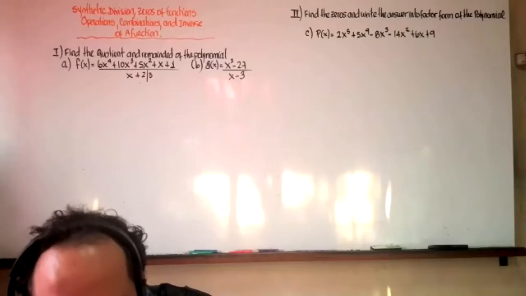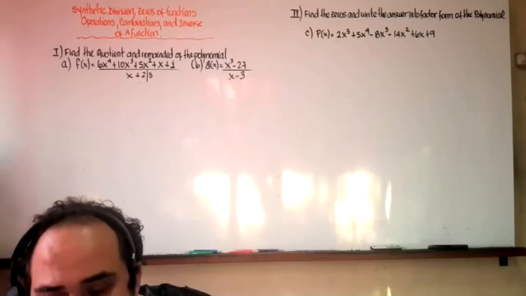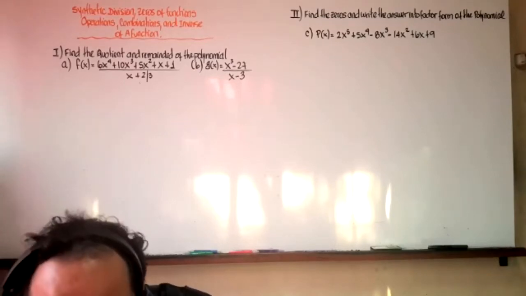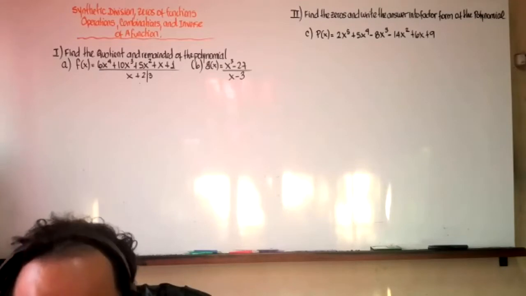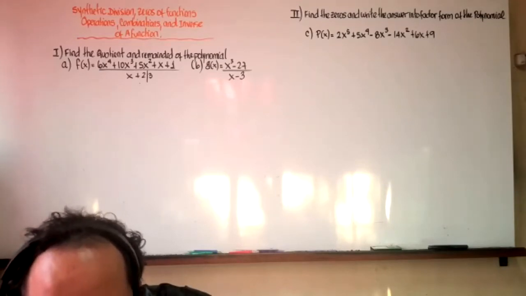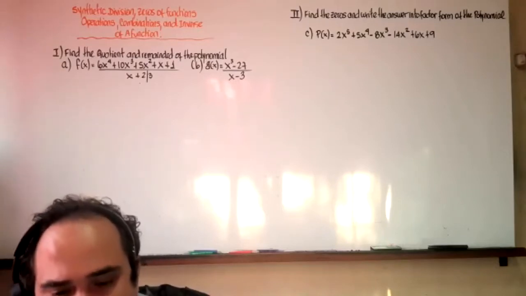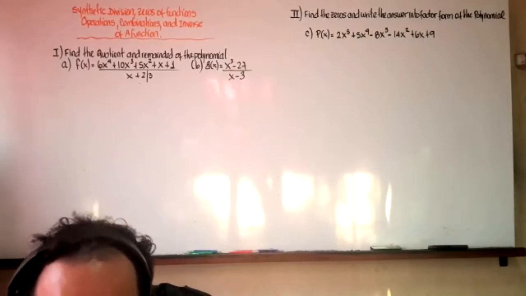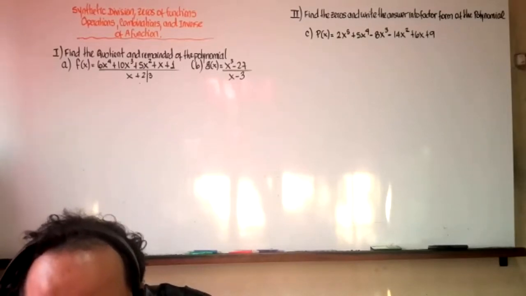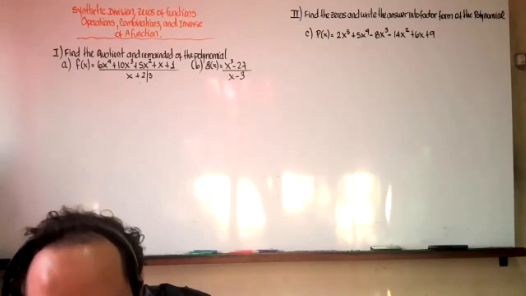Right. I'm going to change the camera, pin my video, and start with the first part of the problems. Once again, this is a review for synthetic division, series of function, operations, combinations, and inverse of the function. In the first part, the problem says find the quotient and remainder of the polynomial, and we got two polynomials.